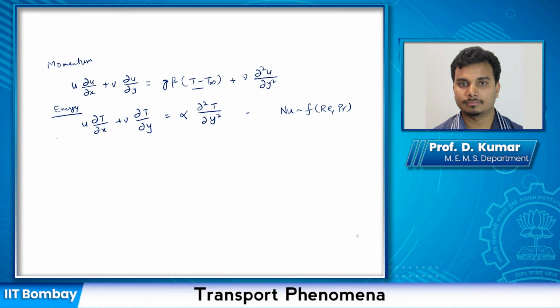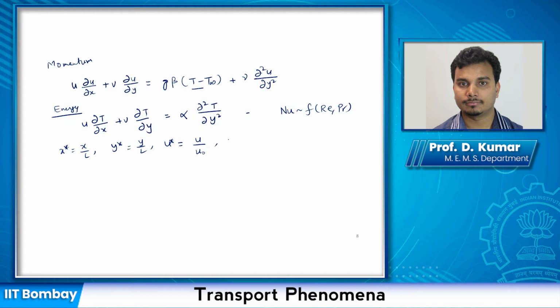To non-dimensionalize, we take some similarity parameters. We take x star equals x by L, y star equals y by L. Now for the velocity, we don't have any reference velocity like in forced convection, where you had u infinity or bulk velocity. Let us take some arbitrary reference velocity, and we'll come back to this later.